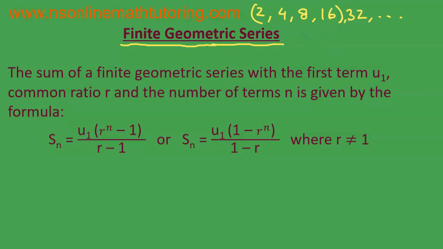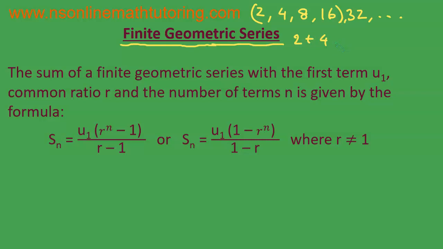So, what do I do? I select the first 4 terms. As soon as I am selecting the first 4 terms, it no longer remains an infinite geometric sequence. It gets converted to a finite geometric sequence. Okay? And I am interested in getting the sum total of those 4 numbers.